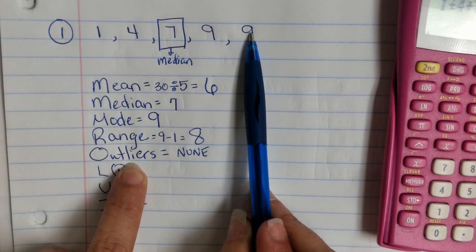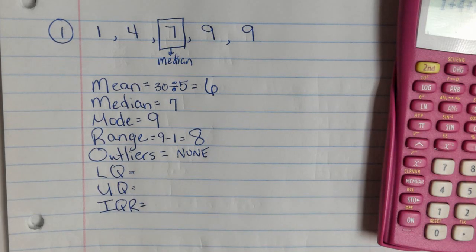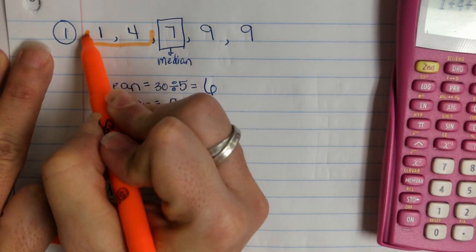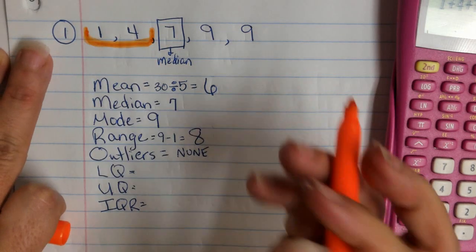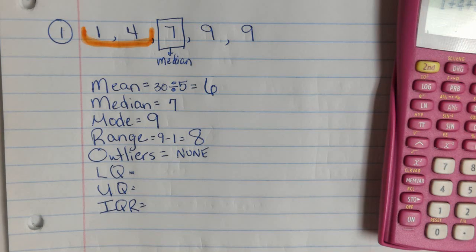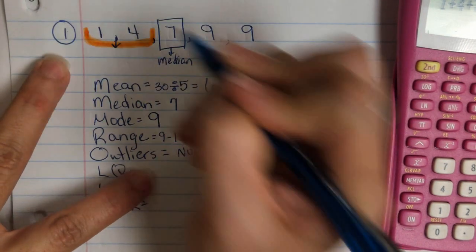Okay? Okay, LQ. Now, this is the first one we've seen like this. There's only 2 numbers on this one to make an LQ out of. There's just these 2 numbers right here. So, since there are only those 2, we got to find an average. You got to add them together and divide by 2.